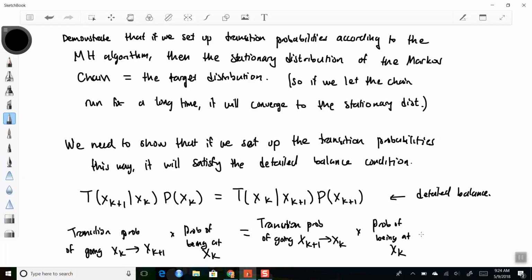So this is effectively saying that the total probability of going from one state to the other state is equal to going from that state to this state, okay? So going from state A to state B is the same as going from state B to state A. Yes? Oh, probability of being at xk plus 1. Thank you. Yes. Okay.